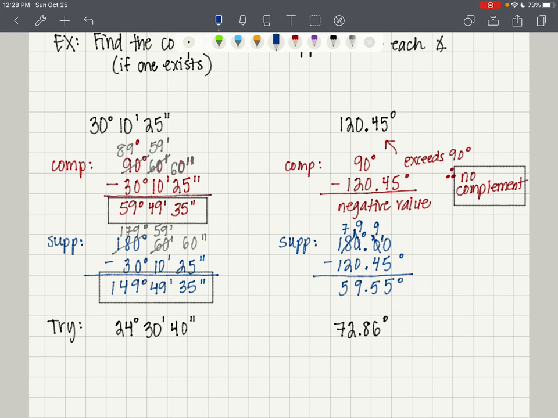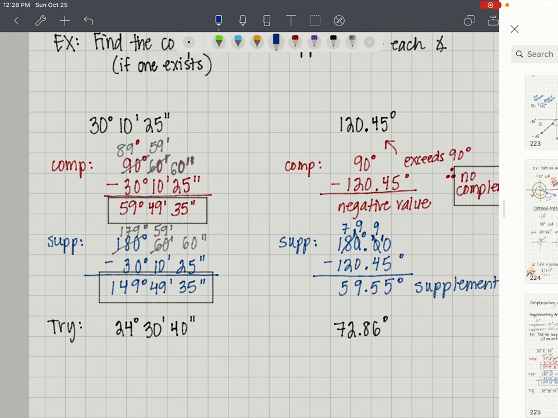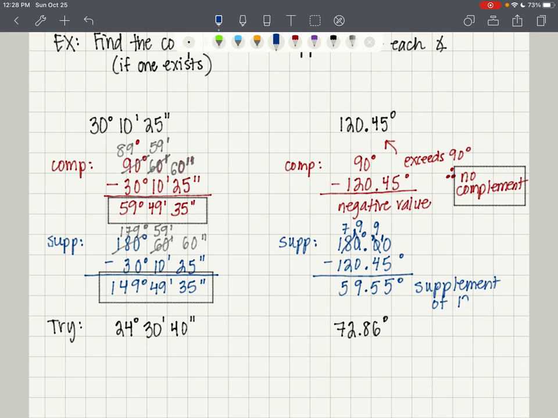And we get 59.55 degrees is the supplement of, don't forget what we're doing here, the supplement of 120.45 degrees. So that means if I add 59.55 to 120.45, they will be supplementary angles adding to 180 degrees.